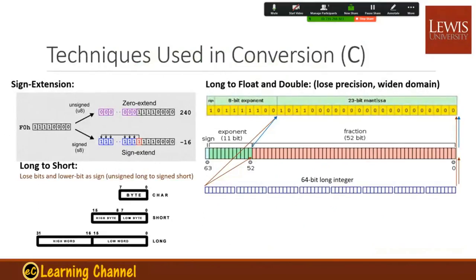The technique used in coercion in the C language is sign extension. To keep a number positive, we have 0 extension. To keep it negative, we have 1 extension. That's called sign extension. Over here, we have a long type converted to a short type.